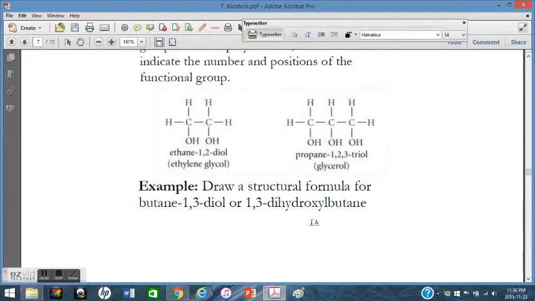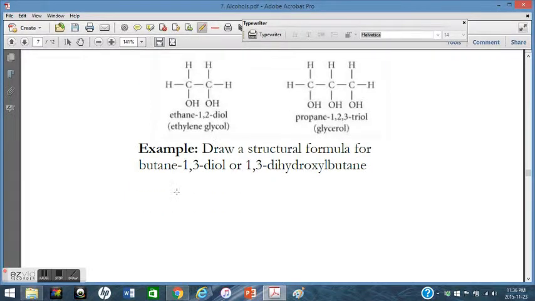Draw a structural formula for butane 1,3-diol, or here's that other method again, 1,3-dihydroxybutane. Okay, so it's butane, so it's 4 carbons long. Structural, not line, sorry. 2, 3, 4. Pick one of them to be a 1. Let's call this one the number 1. We have an OH there. 2, 3.